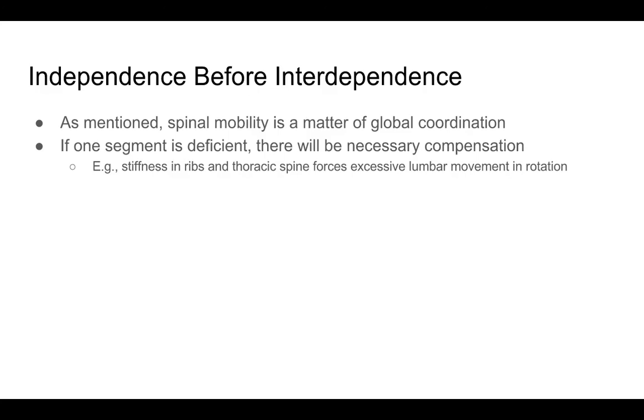For example, if there is stiffness in the ribs and the thoracic spine, that could, as you've probably seen with your own clients, force excessive movement of the lumbar spine, in rotation, for example. I see this a lot in clients who golf.